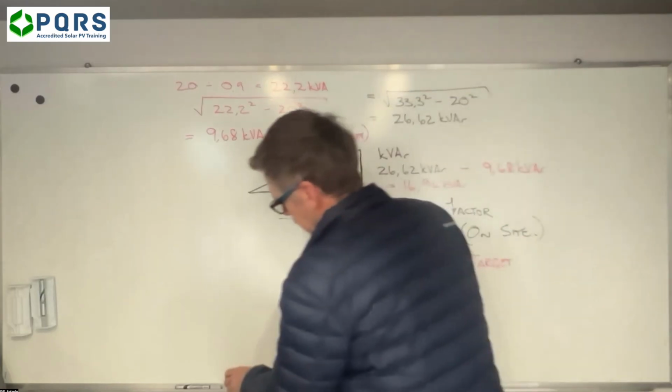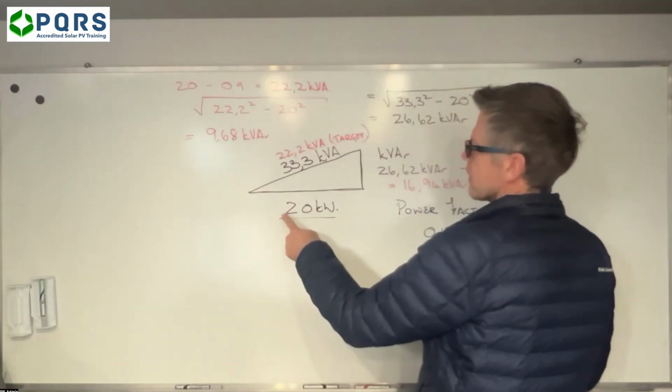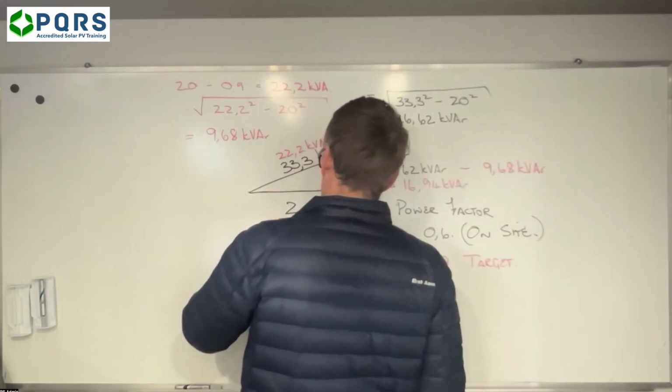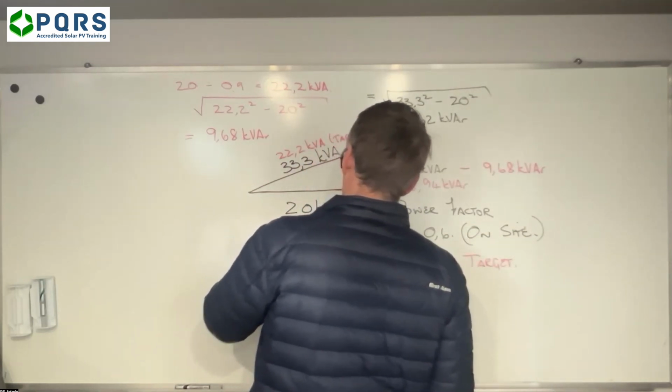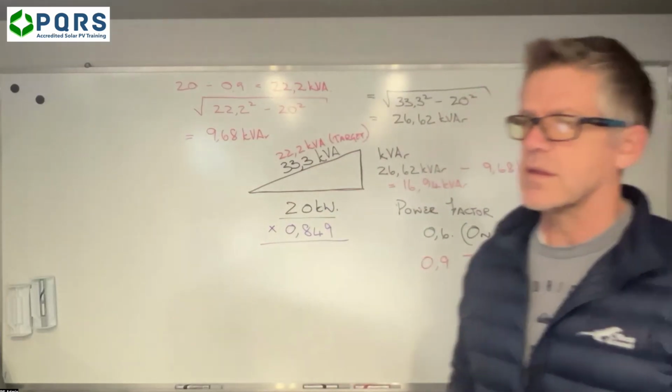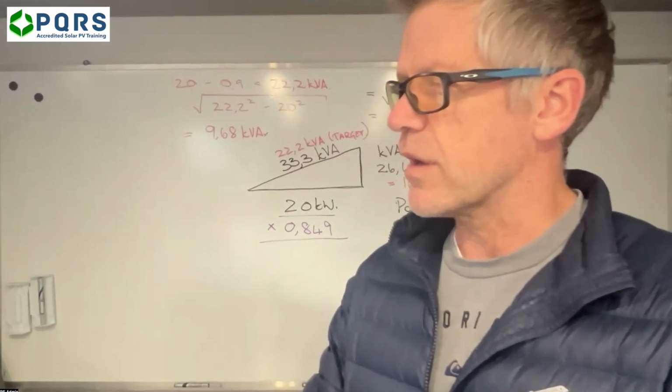If you don't want to do all of these calculations, you can use a power factor correction table. You can take the kilowatts and multiply them by 0.849, because that's the value in the power factor correction table.